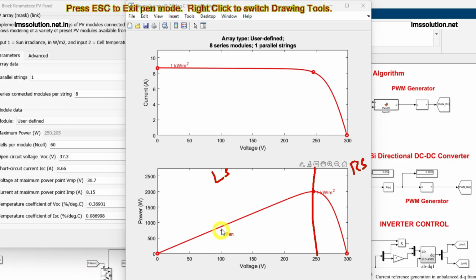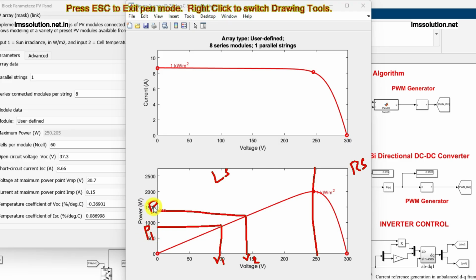So now I am going to consider 2 points. This is the first point and this is the second point. I am going to consider this voltage as V1 and this as V2, and also draw another horizontal line where I mark the points P1 and P2.